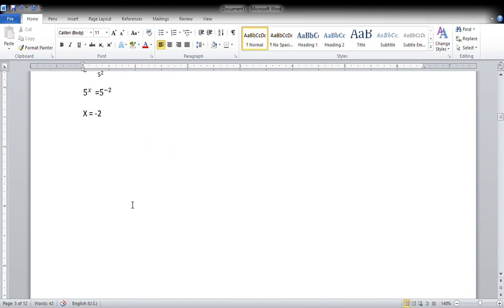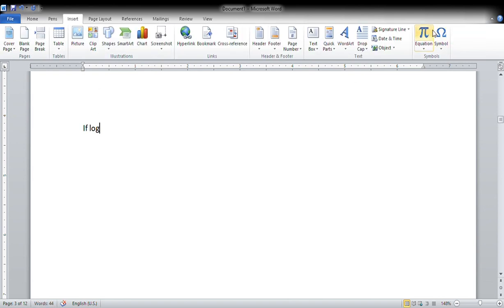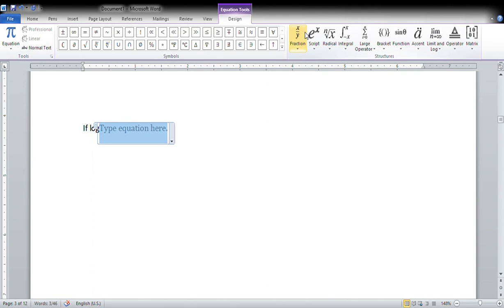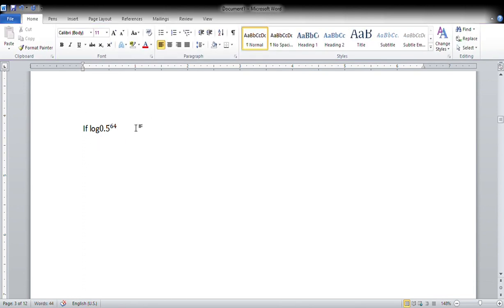Now this is the last question for today's mathematics. It is given that log 64 with the base 0.5 is equal to x.